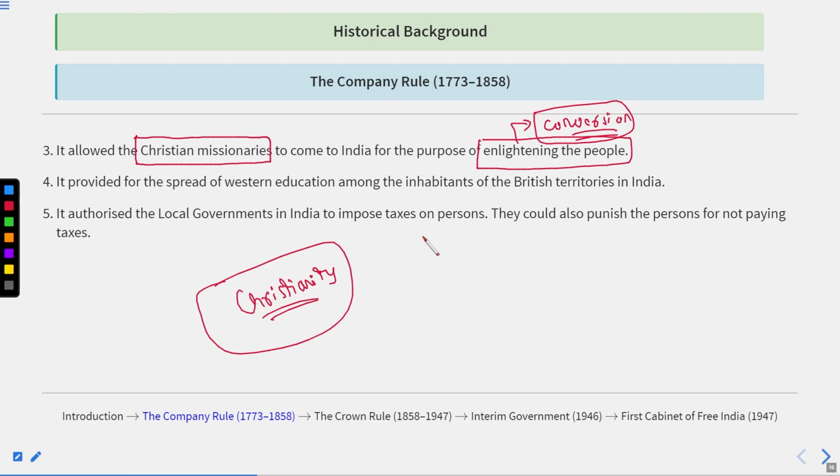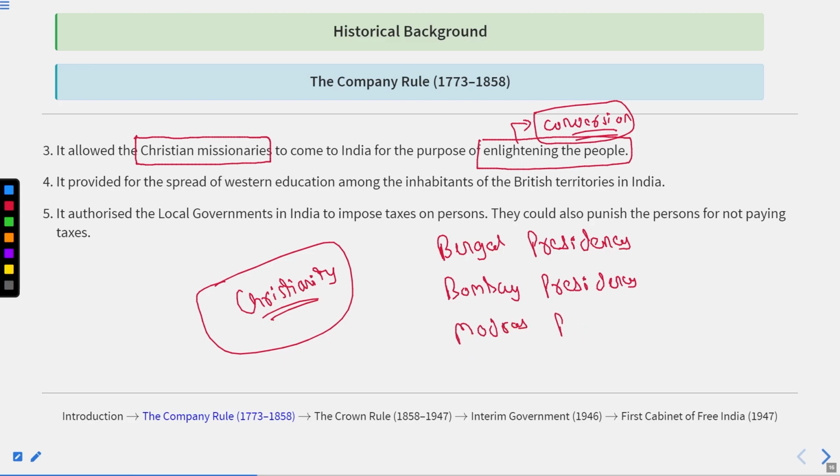It means that the areas which the Britishers had occupied so far, the Bengal Presidency, Bombay Presidency, and Madras Presidency.